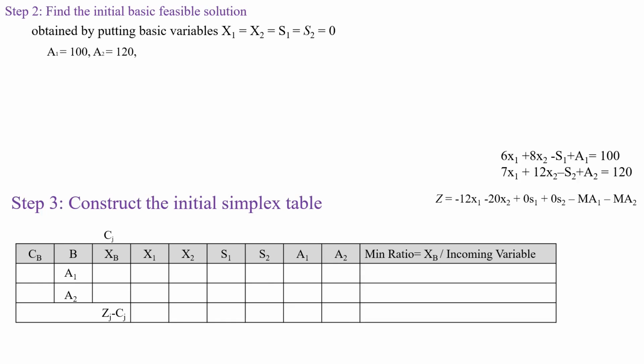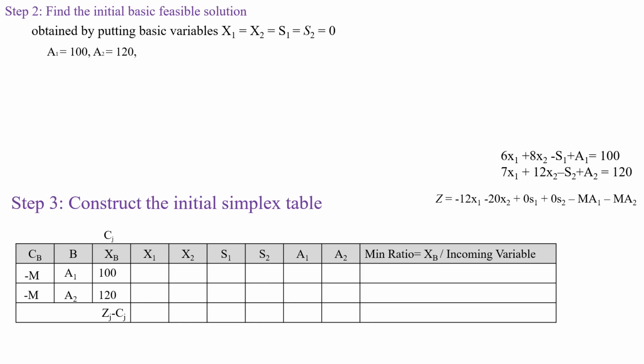Similarly, minus M is the cost coefficient for the artificial variable a2. Then you have to enter minus M and minus M in the CB column. Next, xb is the initial basic feasible solution, that is 100 and 120.